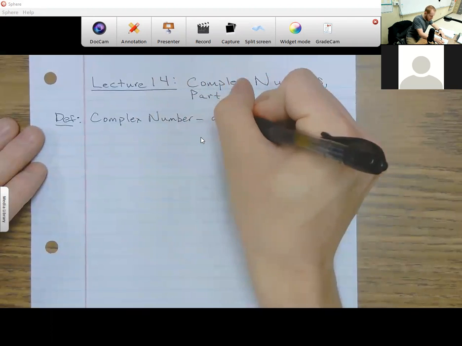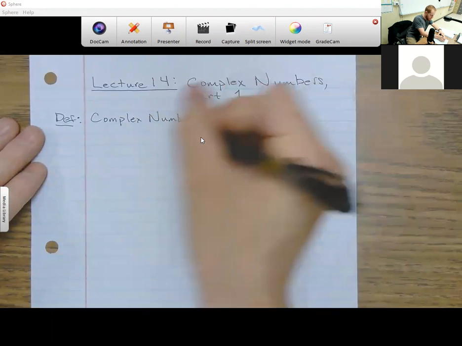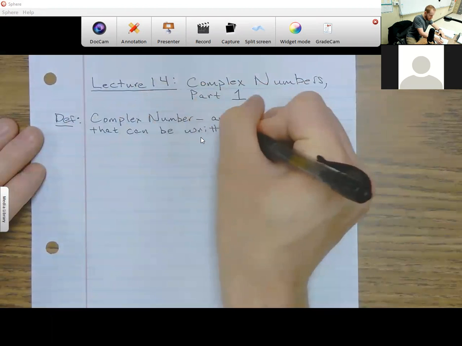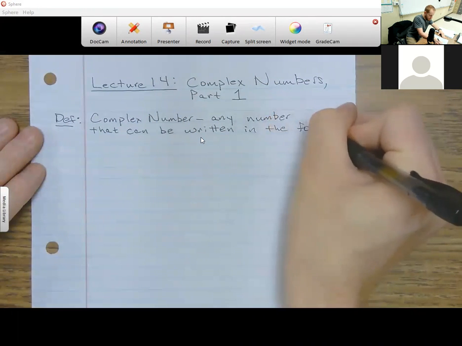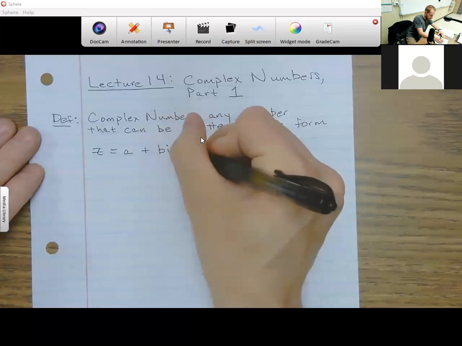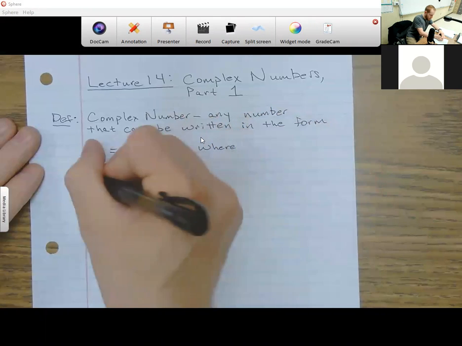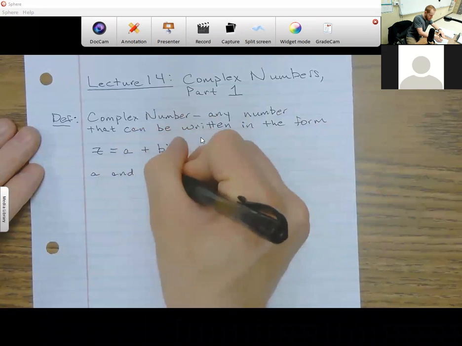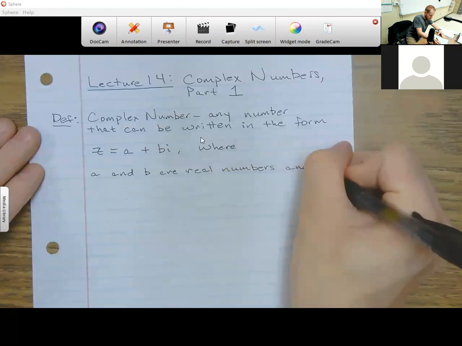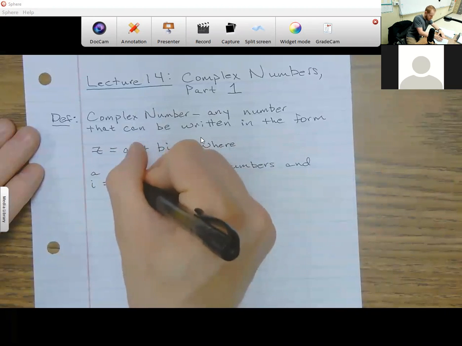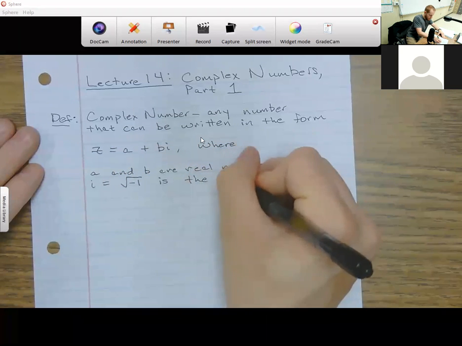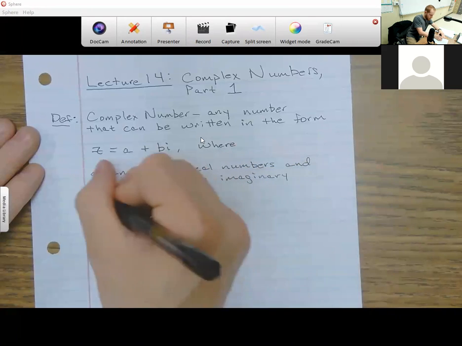All right, a complex number is any number that can be written in the form z equals a plus bi, where a and b are real numbers and i equals the square root of -1 is the imaginary unit.